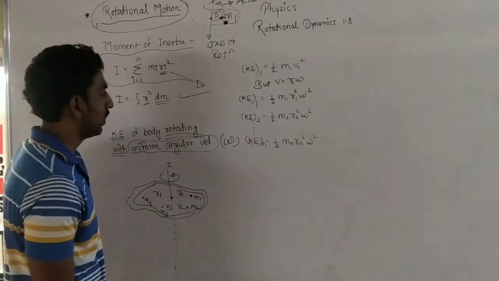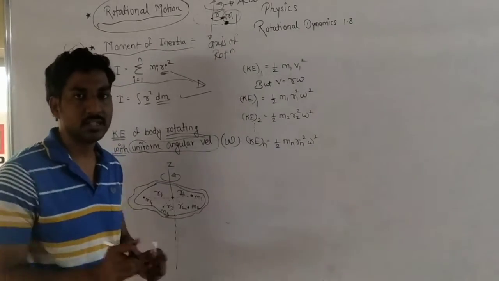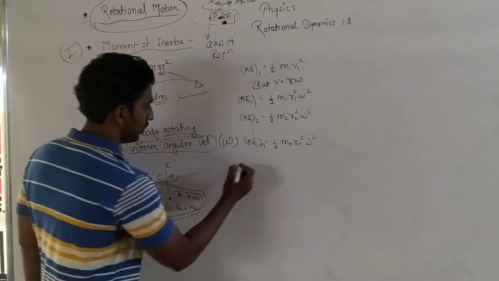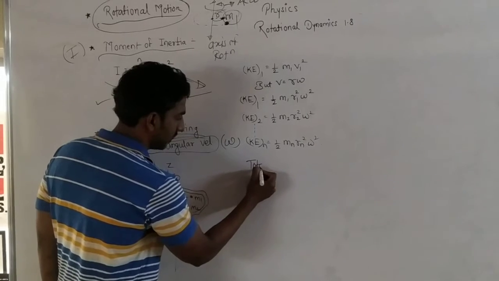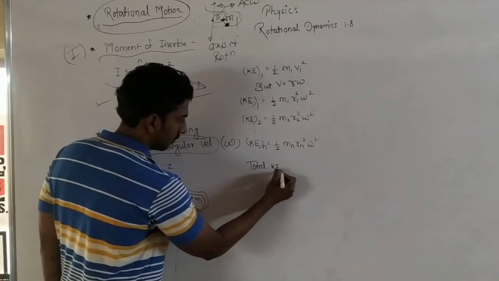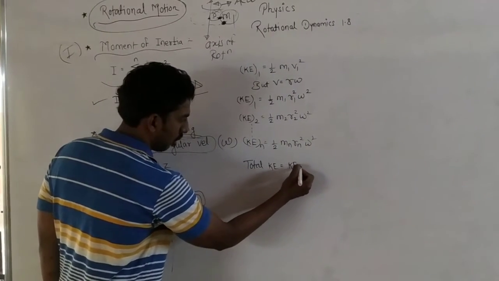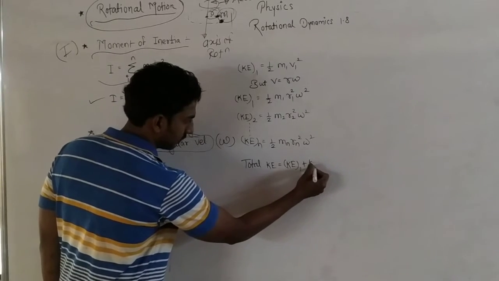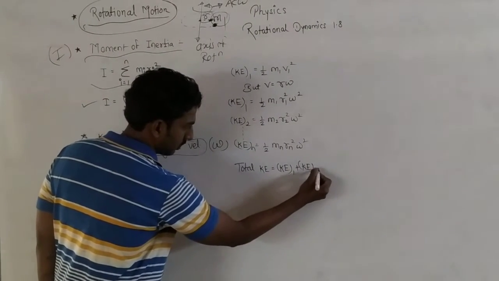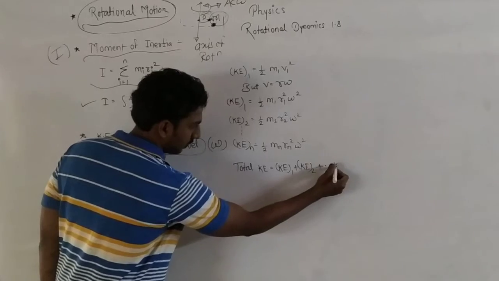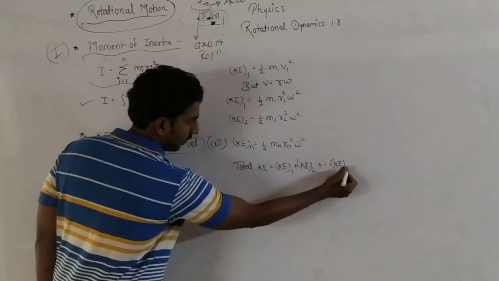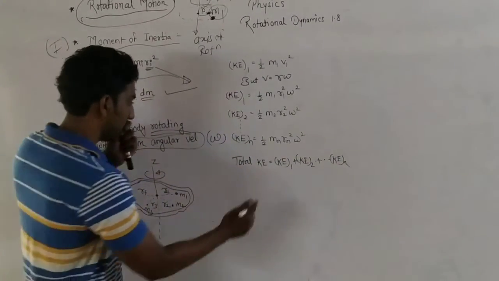But I want the total kinetic energy, so we have to add them all. Total kinetic energy K will be the addition of all kinetic energies.